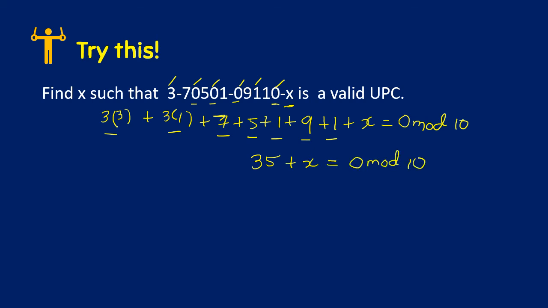So therefore, what is the nearest number so that the remainder is 0 when divided by 10? So therefore, x should be equal to 5. Correct?